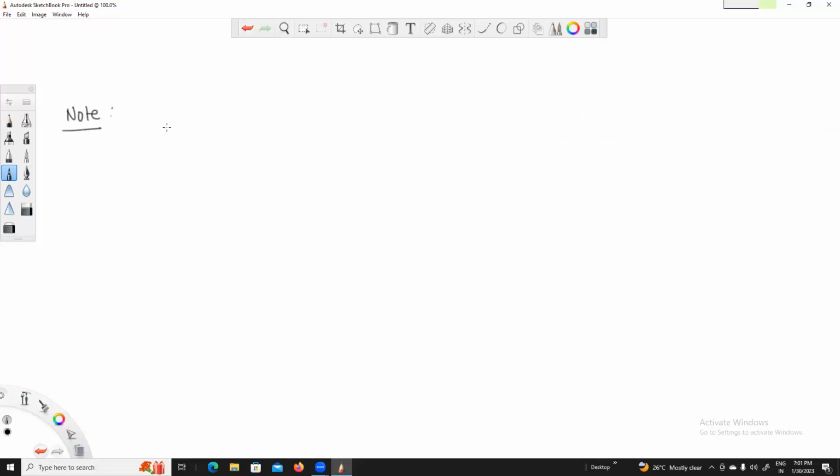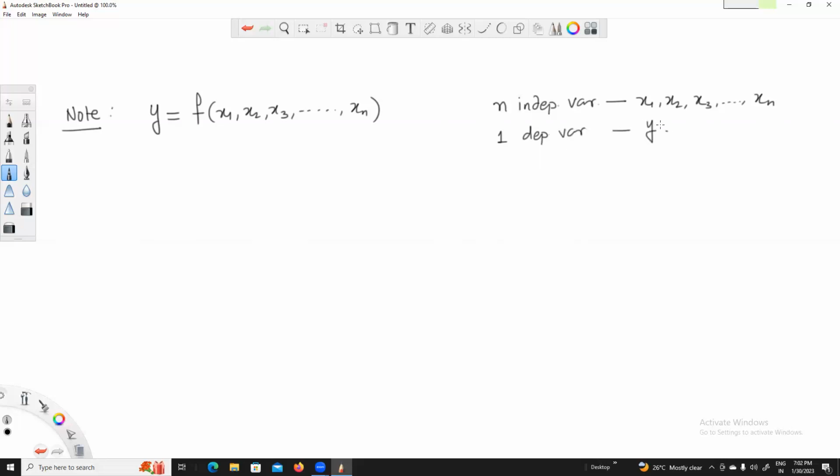Suppose if we have a dependence of function, so let us write y as a function of x1, x2, x3, dot, and xn. So we have n independent variables, namely x1, x2, x3, so on up to xn, and only one dependent variable through this function form, which is our y.